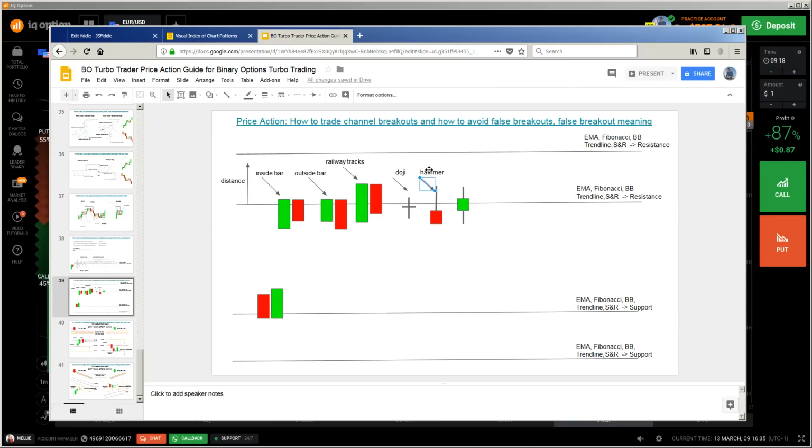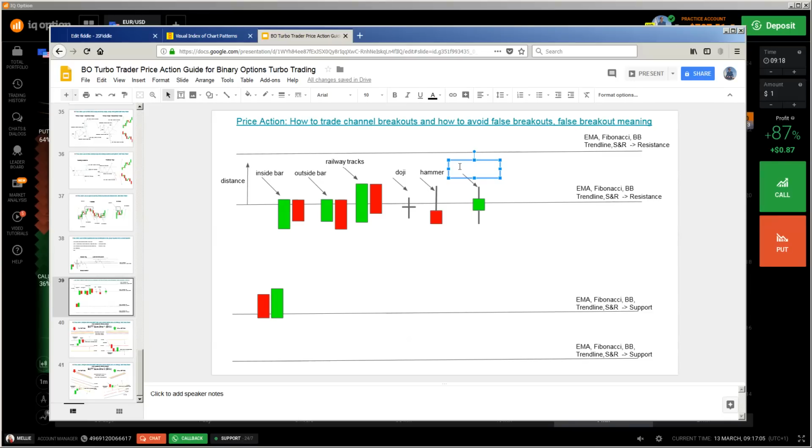But the most important thing you have to understand is that, let me draw this a little bit better, the distance between this EMA, for example, and the next EMA, or the distance between the Fibonacci levels, has to be huge. If the distance is huge, it's much more probable that it will be a fake breakout.